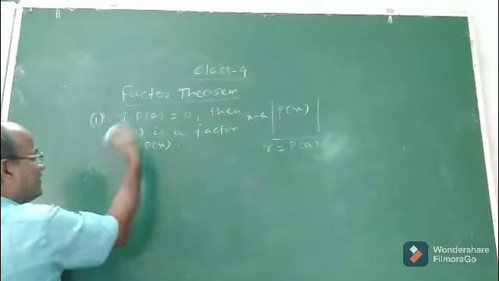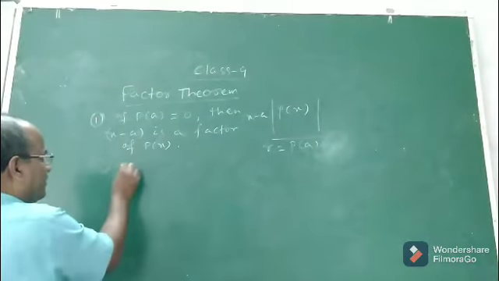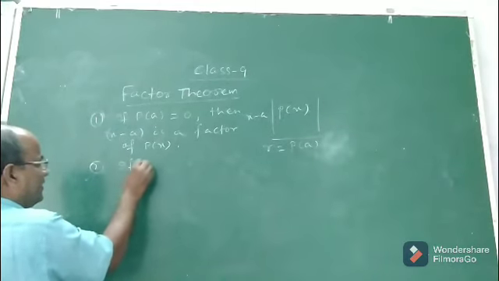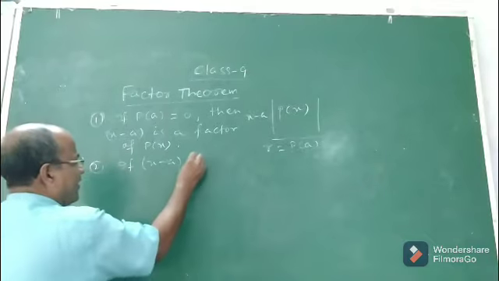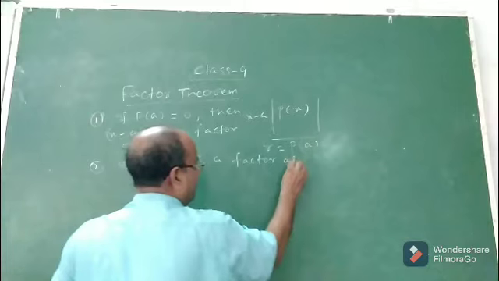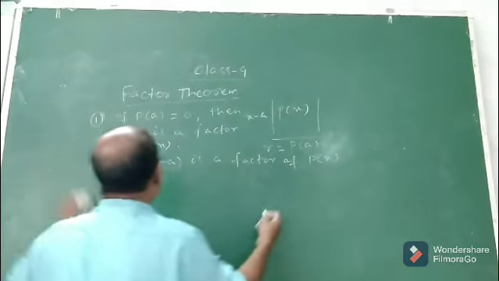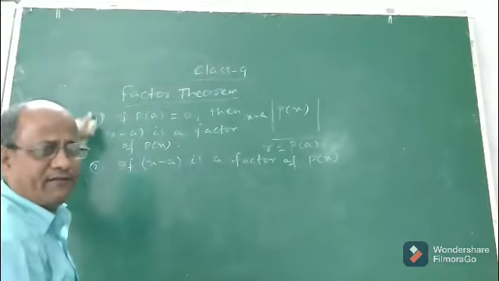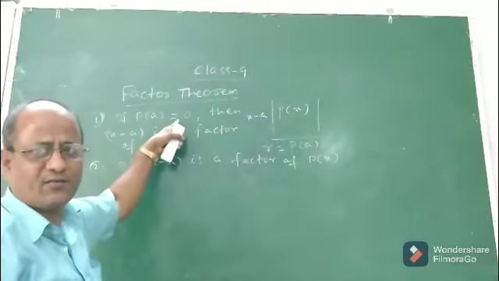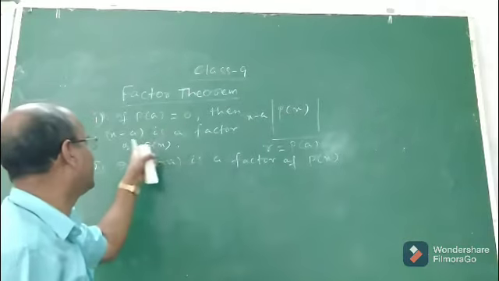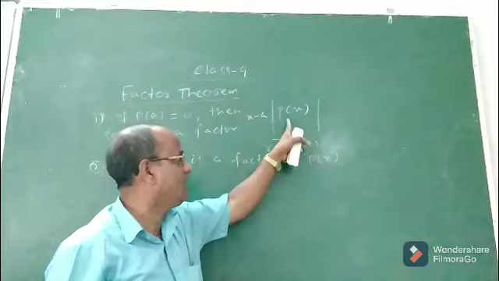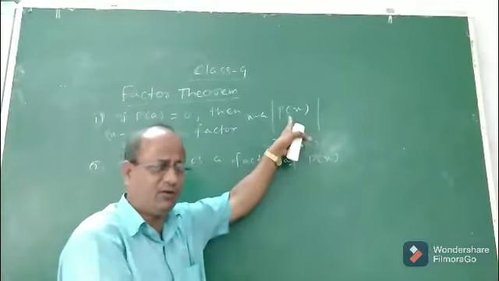Then what is the other part? It is just the converse. I am discussing the statement of the factor theorem. The factor theorem has two parts. This is the first part: if p of a equals 0, meaning the remainder is 0, then x minus a is a factor of the given polynomial p of x, whose degree is greater than or equal to 1.